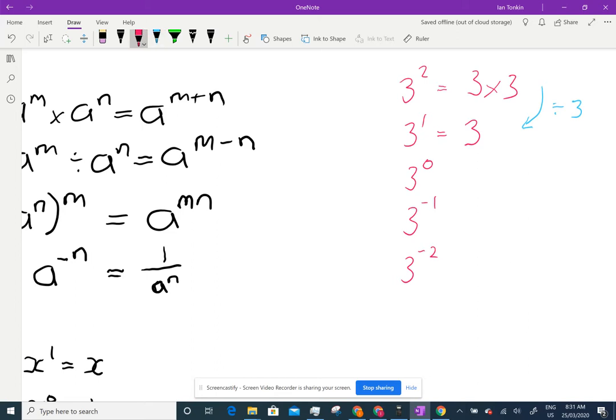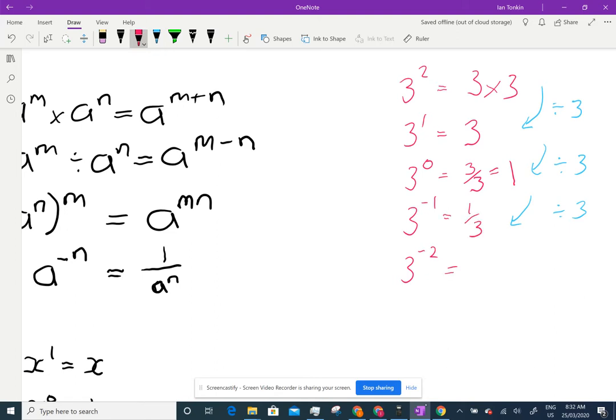Let's go down another one. 3 to the power of 0. Well, that's 3 over 3. I've taken the number above and I've divided by 3. And I'm going to use the equal sign here, because I've already written that, equals 1. So I'm going to divide by 3 again to get the next one. So 1 divided by 3 is 1 over 3.